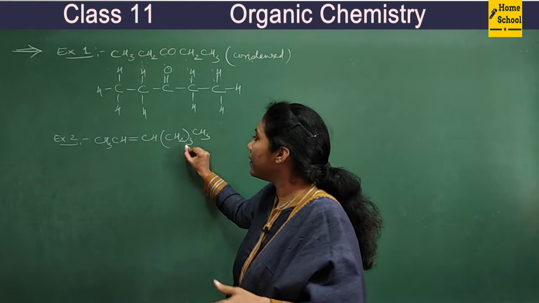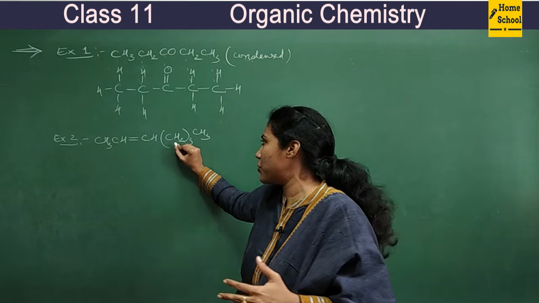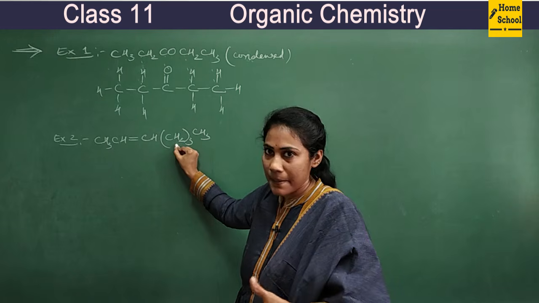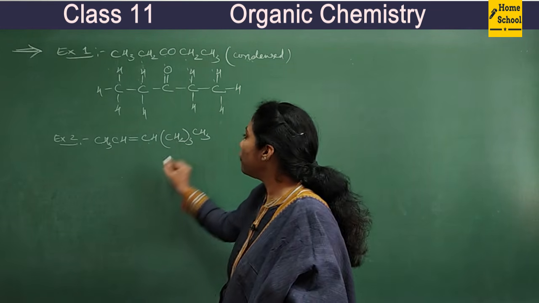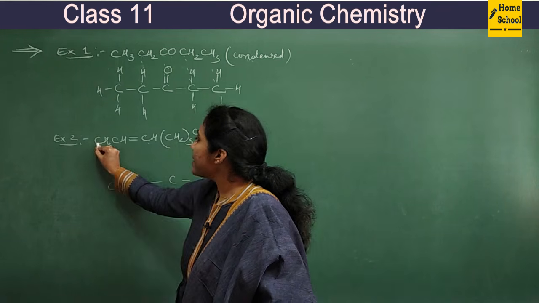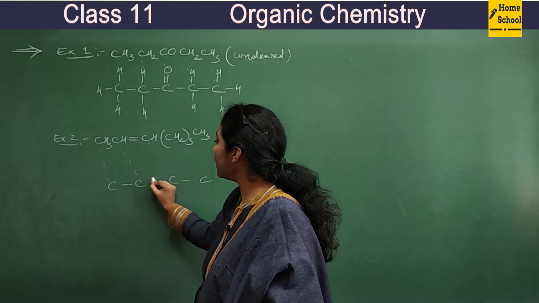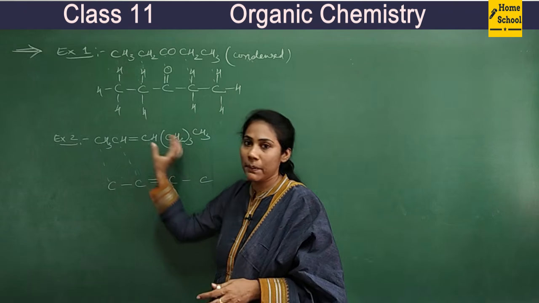Think that something that is there in a bracket will be there as a branch. If you think that way, let me consider this as a branch initially, and this 1, 2, 3, 4. 4 carbons in a line. This is the first carbon, this is the second carbon. Between the second carbon and third carbon, you see a double bond is there. If double or triple bonds are there, they will mention them.